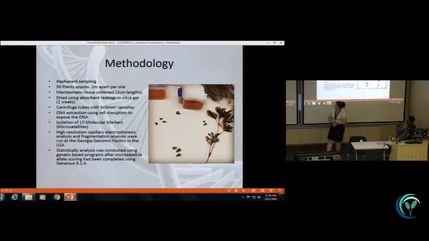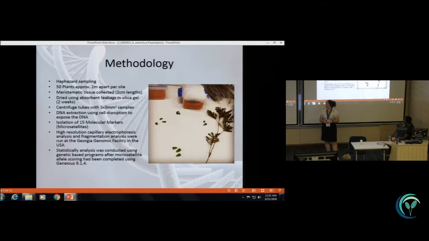For the DNA extraction we used a cell disruption method, and from this point it exposed the DNA. We could then isolate the 15 molecular markers, which we then later removed one, but I will get to that. And then they were sent to the Georgia Genomics facility in the US.